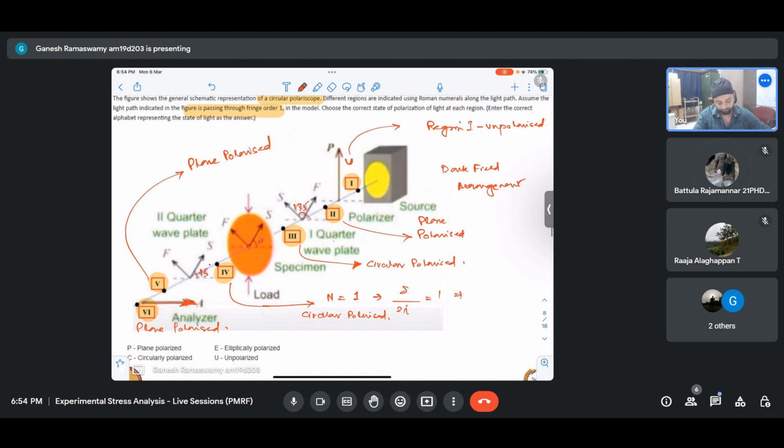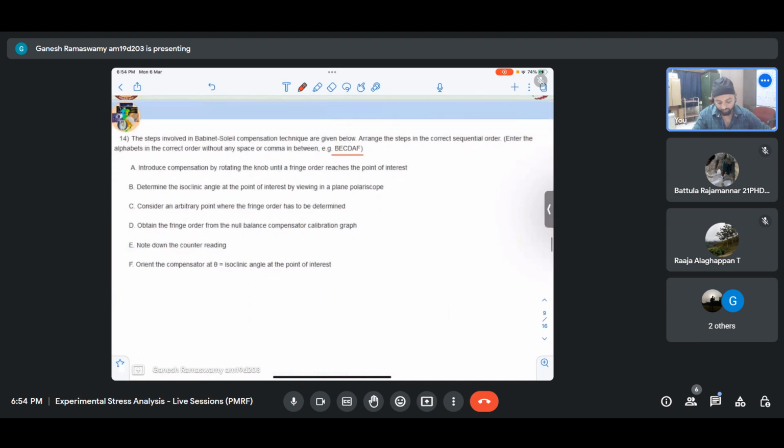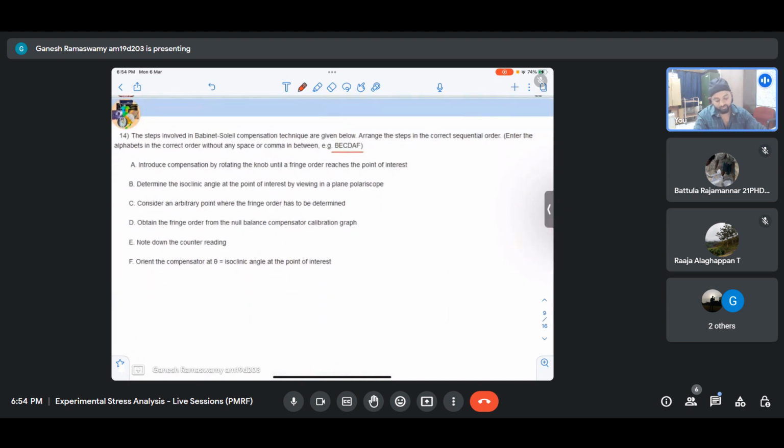Okay, so the steps involved in this compensation we are supposed to report in this method. Now, just to give you a brief of what compensation essentially is: compensation is nothing but we are trying to compensate for the residual retardation.